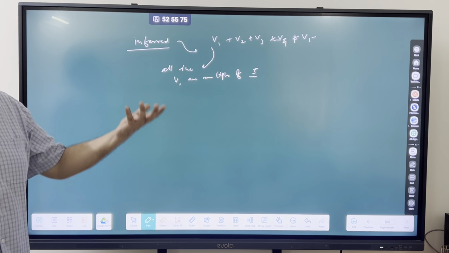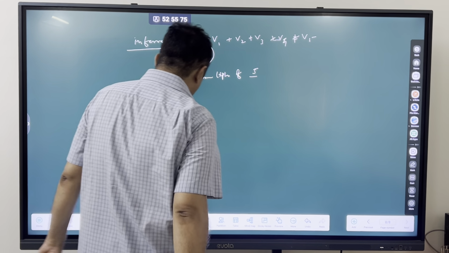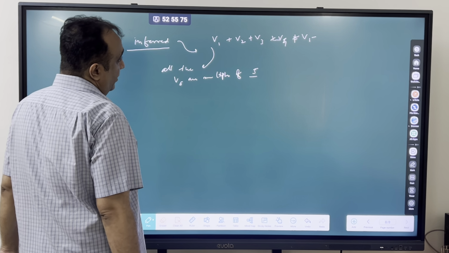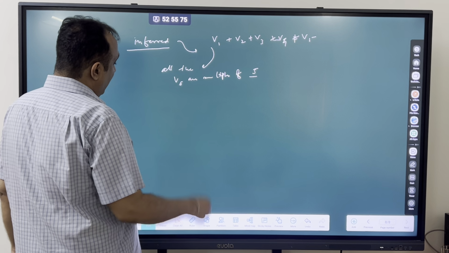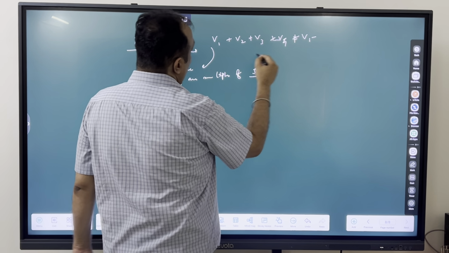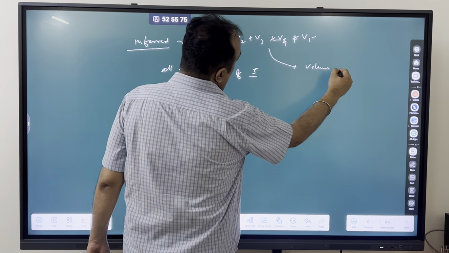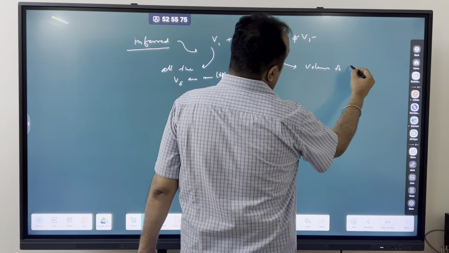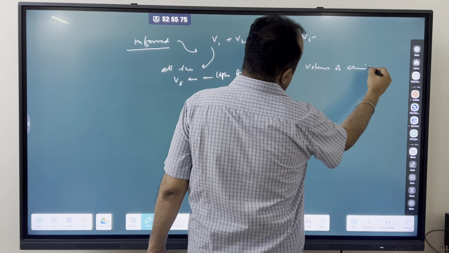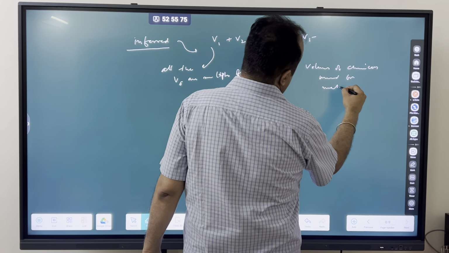So every v is a multiple of 5. And let's say these variables are nothing but volumes of chemicals used for making a compound.